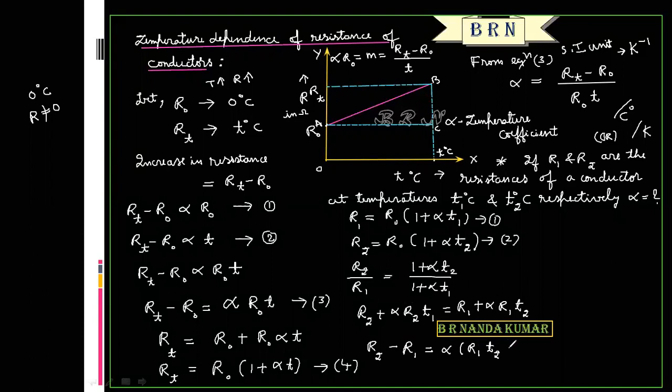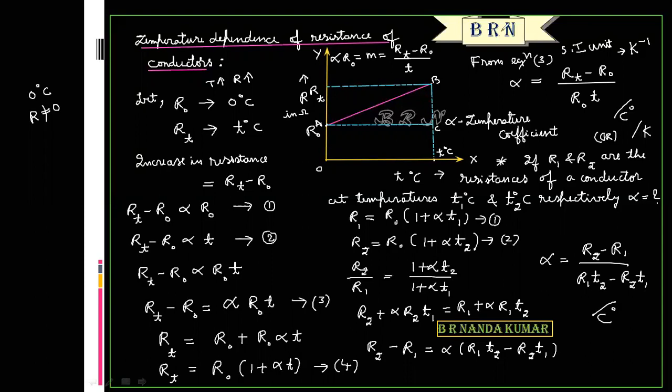Alpha is common, so we get R1 T2 minus R2 T1. Finally, we get the expression for alpha: alpha is equal to (R2 minus R1) divided by (R1 T2 minus R2 T1). This is measured in terms of per degree Celsius.